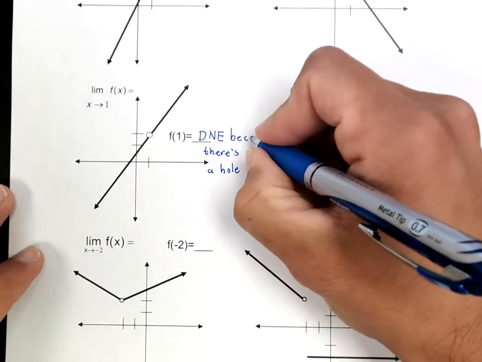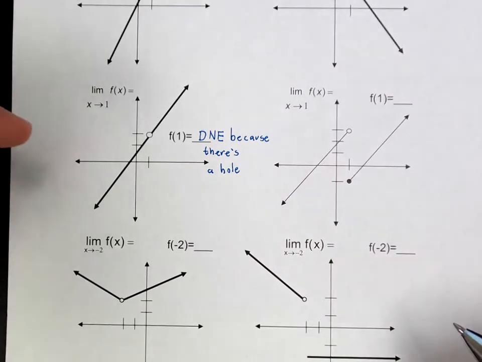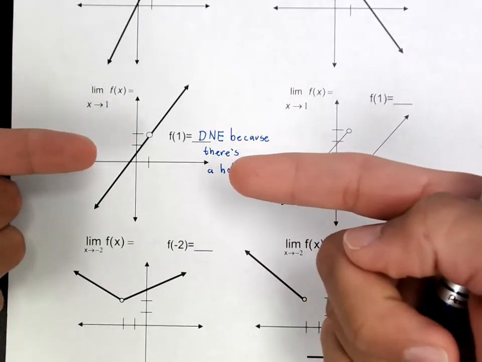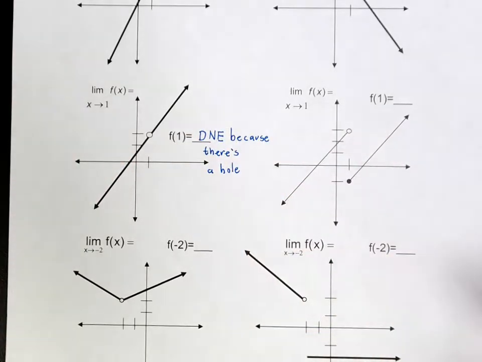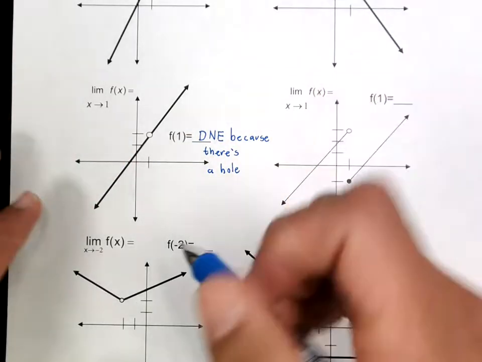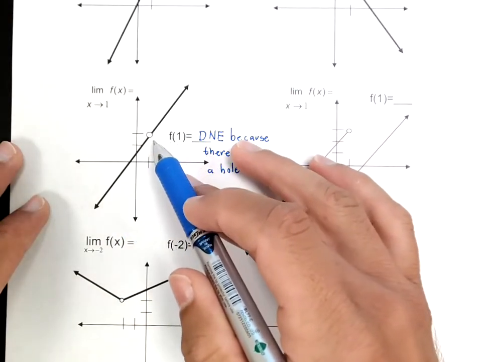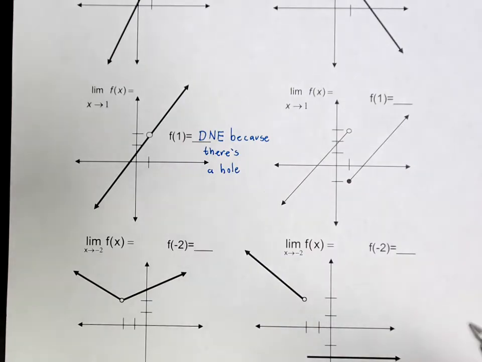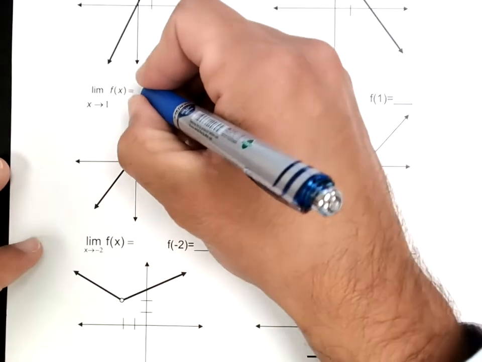Now when we talk about the limit as x approaches 1, as I come from the left and from the right, what y value am I approaching? Notice that I'm not saying what's the y value. I can get really, really close, infinitely close from the left and infinitely close from the right. And what is the y value that I'm approaching? Well, the y value happens to be 2.